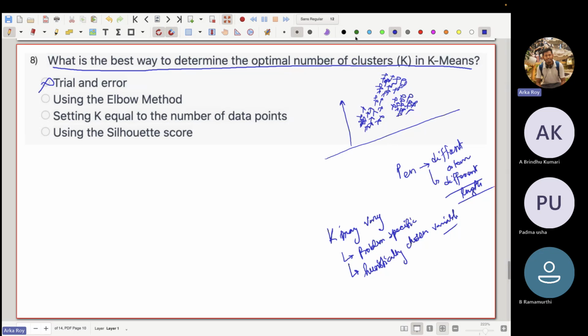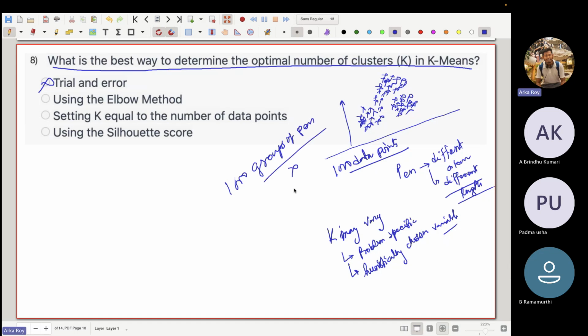So as far as the third option is concerned, setting k equal to the number of data points means that if you have, let's say, 1,000 data points, 1,000 pens, you cannot say that I will create 1,000 groups of pens.